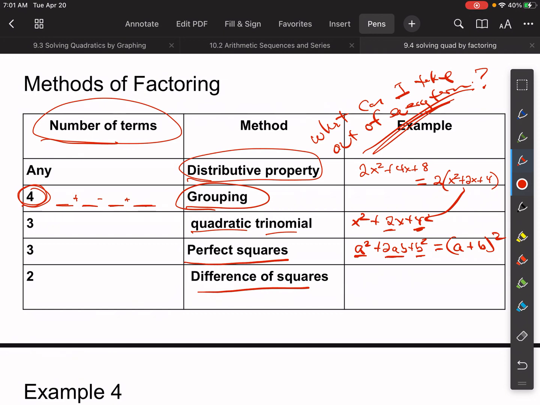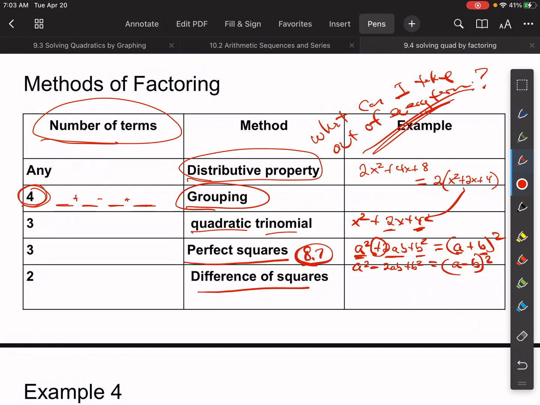It'll always be the square root of the first piece, a, plus the last piece, b, squared. That's when we have a plus sign. If you had a minus sign, like a squared minus 2ab plus b squared, then it would be (a minus b) squared. We did that last chapter, I believe in lesson 8.7, so you can refer to lesson 8.7 if you need some review.